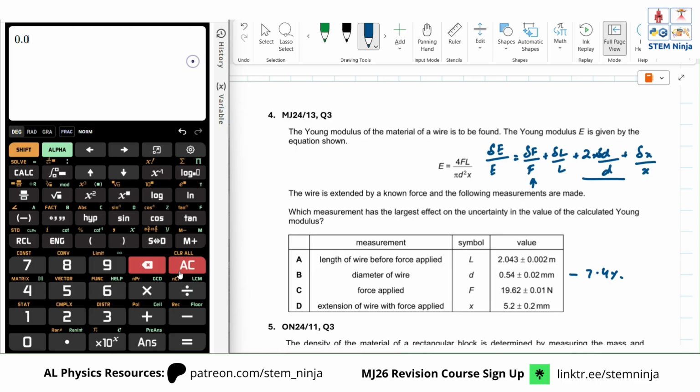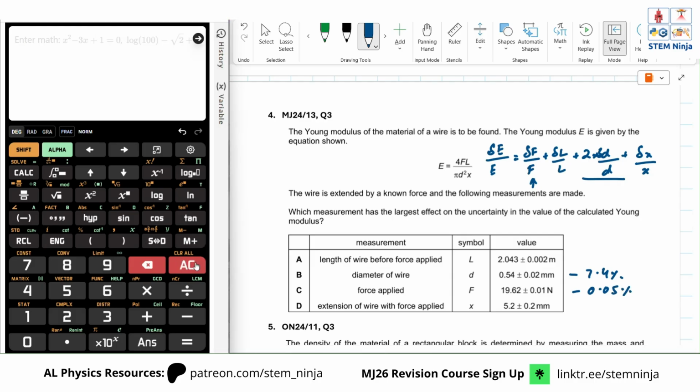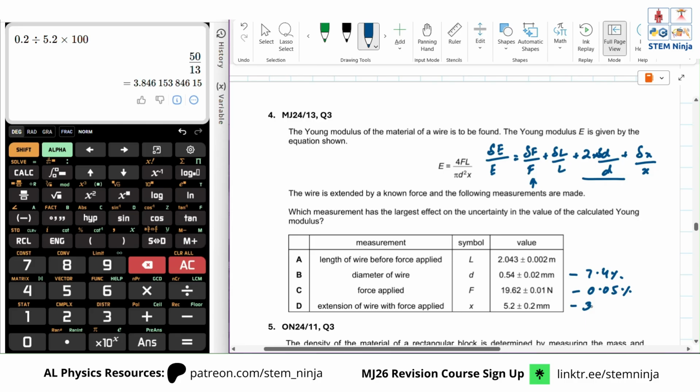Force is coming once, so 0.01 divided by 19.62 times 100, that would be 0.05%. And x, 0.2 divided by 5.2 times 100, this would be 3.8%.